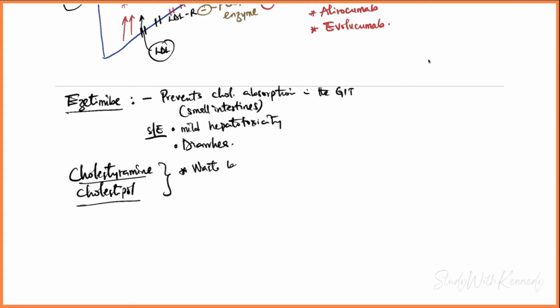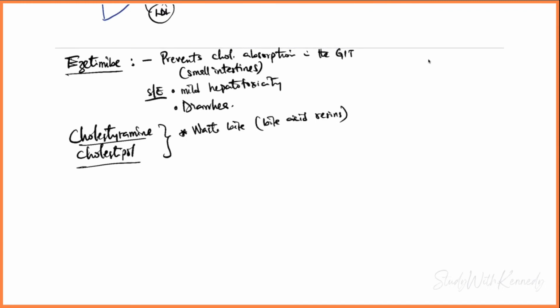So they waste bile. They are bile acid resins. What do they cause? GI upset, decreased absorption, right? Decreased absorption. Now, what you want to bear in mind is this.